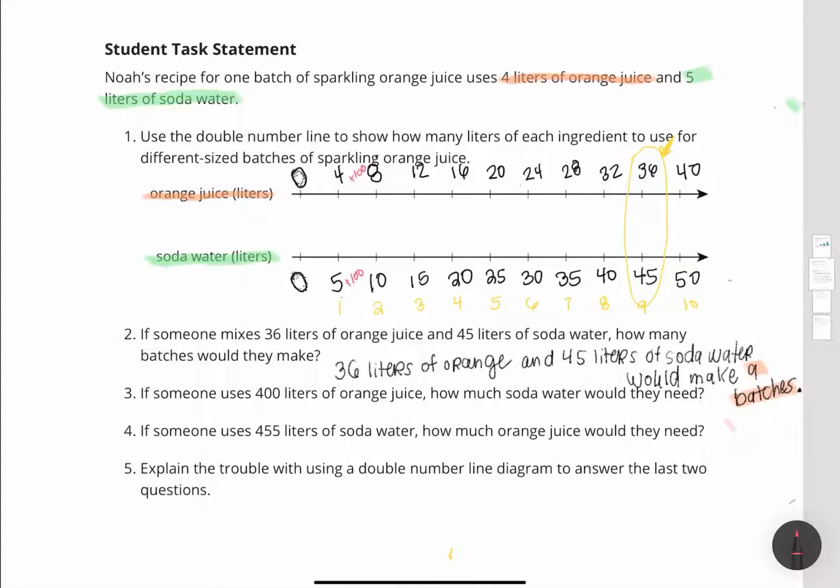If I multiply both of them by 100, that means that there are 100 batches. So I would need 500 liters of soda water.